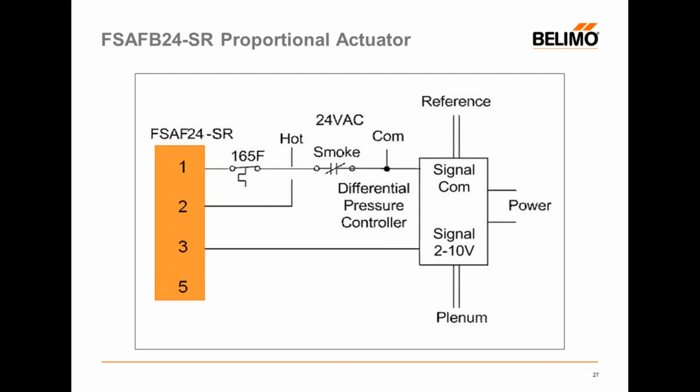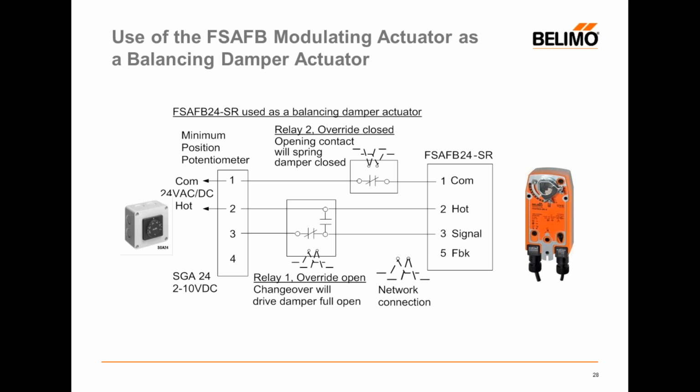We have constant 24 volts hot to the 2-wire, and then just like any other proportional actuator, whether you're using it for volume control on a damper, let's say, we have a 2 to 10 volt signal that simply modulates that damper open and closed, but the damper actuator is rated for fire smoke applications. So again, if our duct detector or a high limit switch open, we close the damper for fire alarm condition.